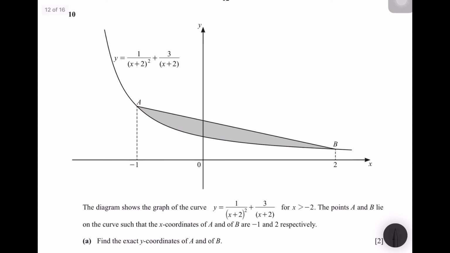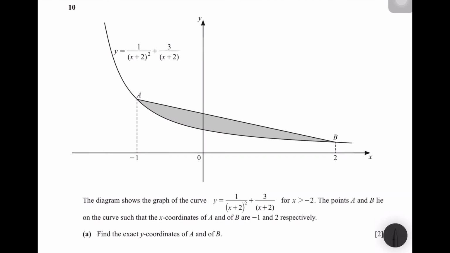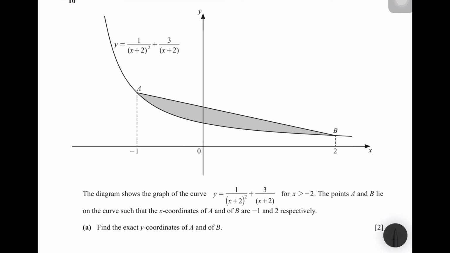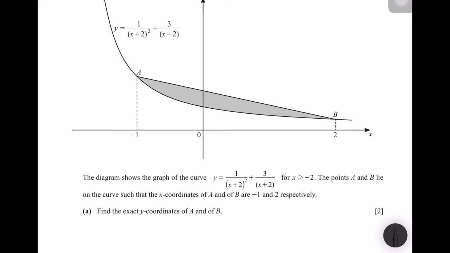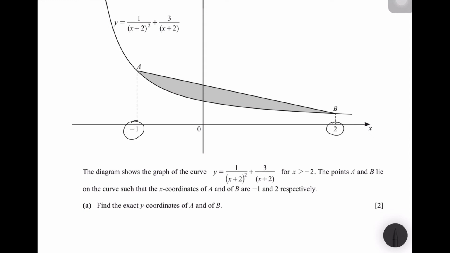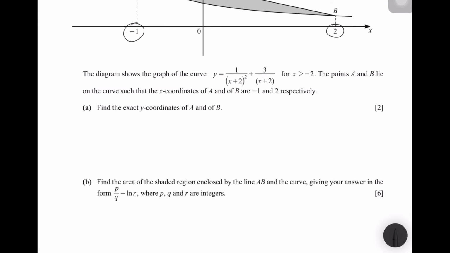Now let us see question number 10. The diagram shows the graph of a curve. We need to find out the exact y coordinates of A and B. So if we substitute x equals -1 and x equals 2 here, we can get the answer easily. So let me put 3 by -1 plus 2.